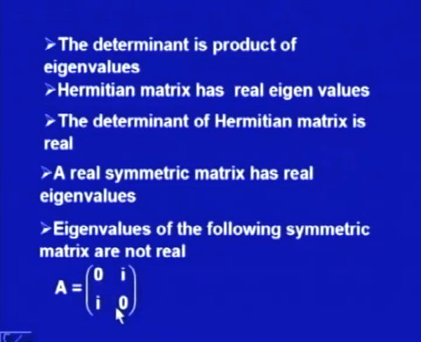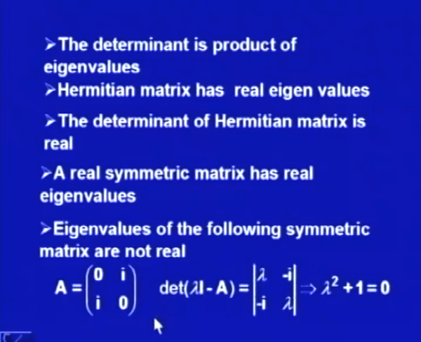However, if you consider this matrix A, it is symmetric because this is a mirror image of this. So, it is a symmetric matrix. You can calculate its eigenvalues. The determinant of lambda I minus A is equal to lambda, and this also lambda here, it is minus i and minus i, simplified, it is lambda square plus 1 equal to 0.